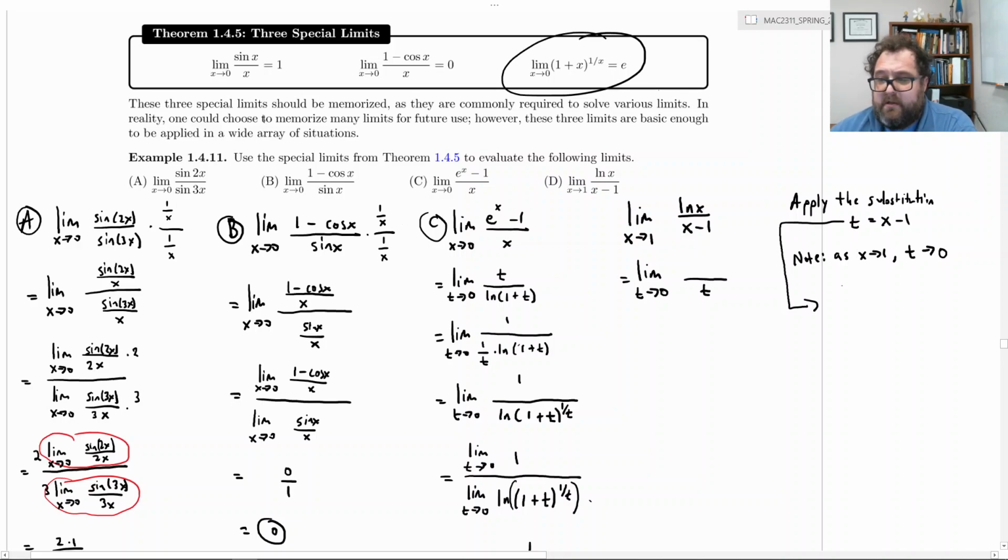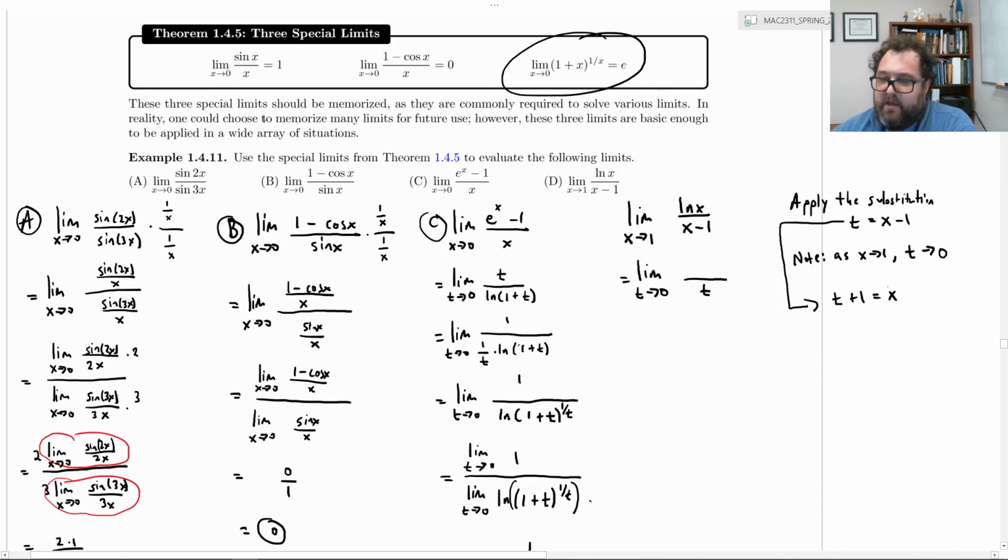Let's see. You could either say, well, t equals x minus 1, and you just add 1 to both sides, you get t plus 1 equals x. So you can either plug in for x, t plus 1 right away, or you could say, well, what's natural log x equal to? And take the natural log of both sides.